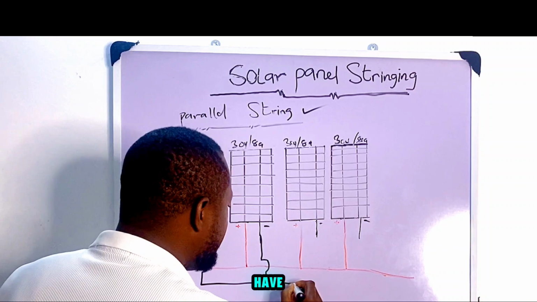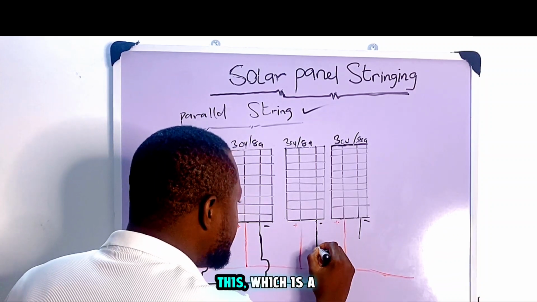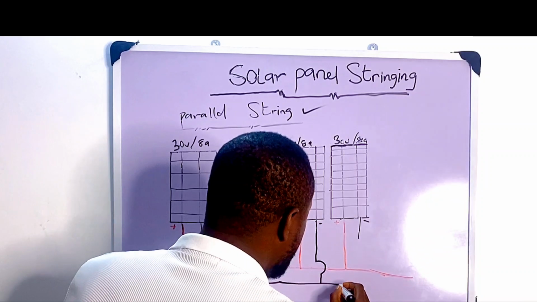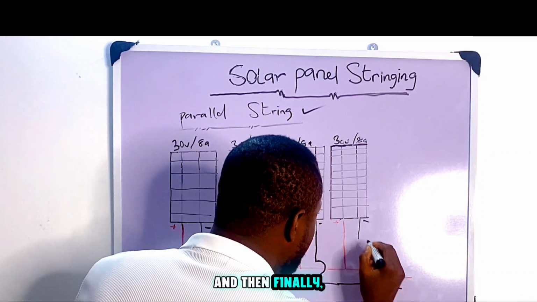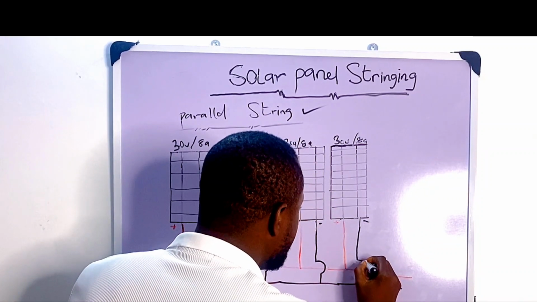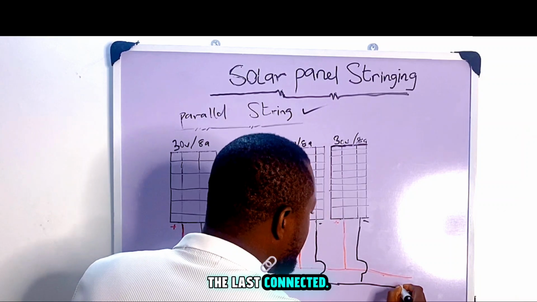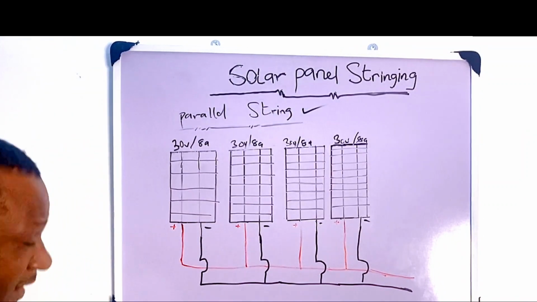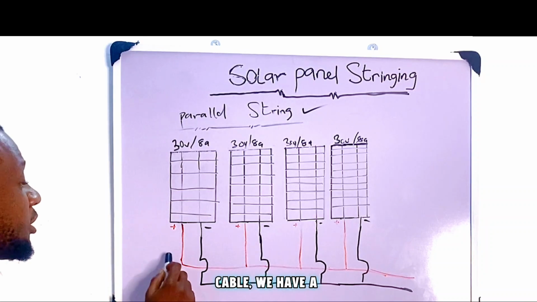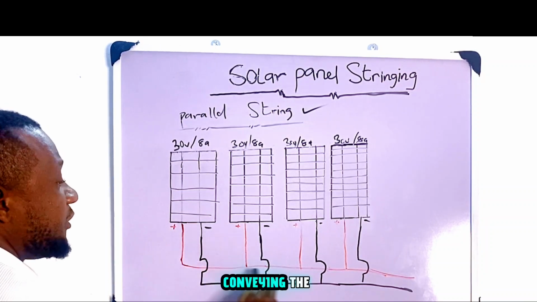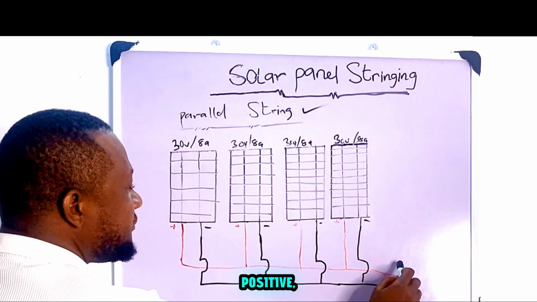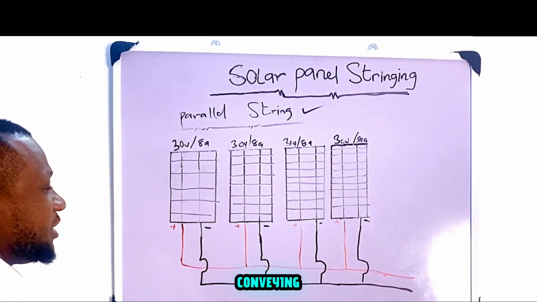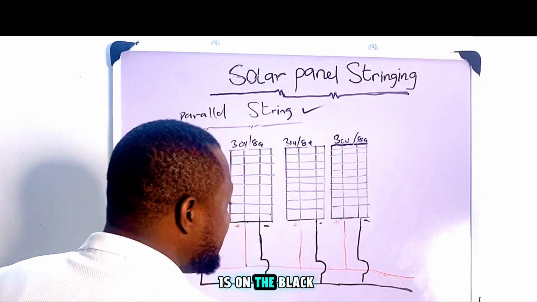We also have this, which is the third panel, connected to the common negative, and finally the last one connected. So we have a common cable conveying the positive, which is the red cable, and a common cable conveying the negative, which is the black cable.